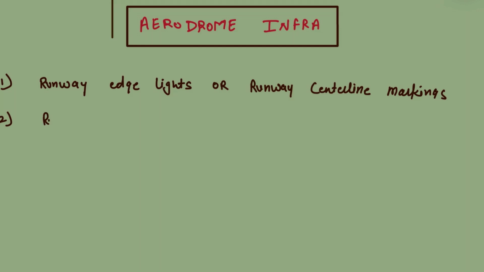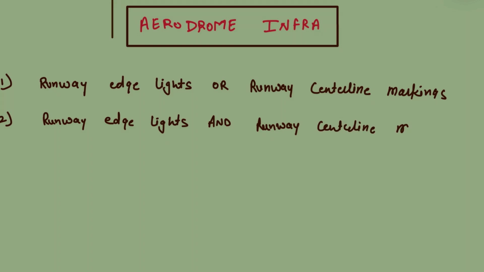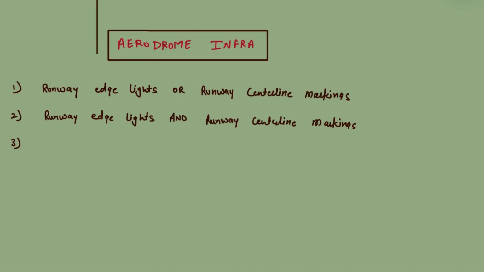Now, when we improve the aerodrome infrastructure, then you can take off with even lower RVR. It makes sense, correct? Suppose you have better facilities. You have runway edge lights and runway centerline markings. Then you can take off with 300 meter of RVR.